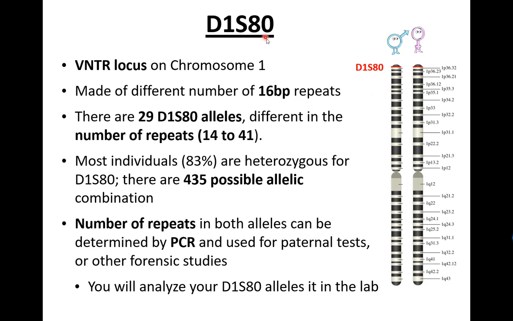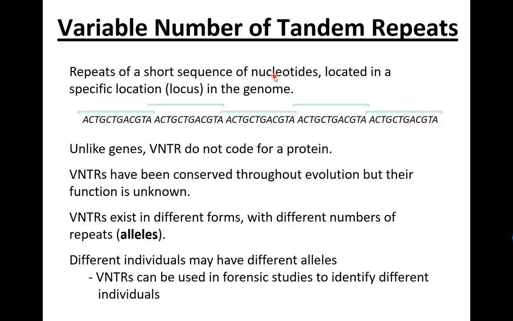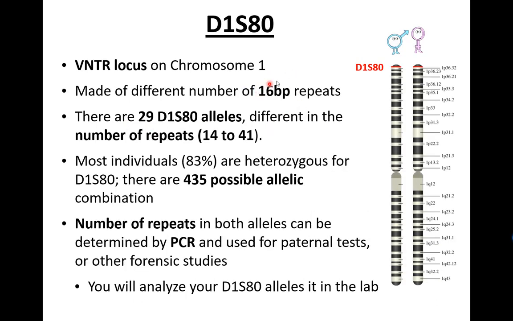Now, the repeat in D1S80 consists of 16 base pairs. That's what it is. And now you can have different numbers of these repeats in your alleles. You can have anything between 14 to 41 repeats. You can have 29 of them, some of them are more common, and so on.